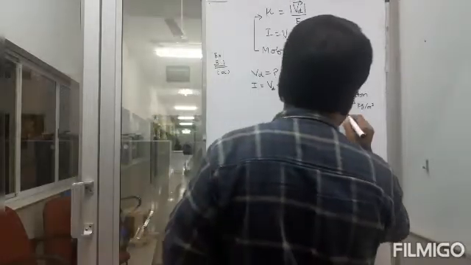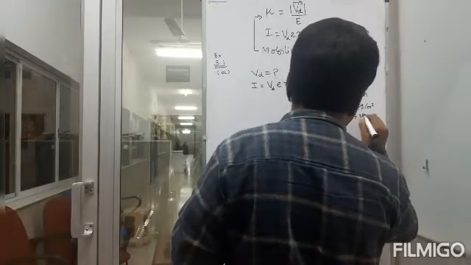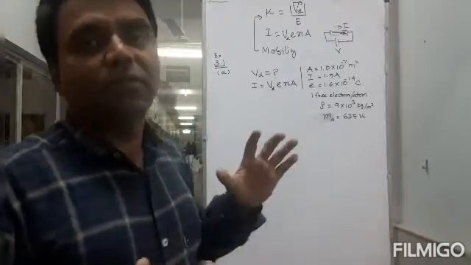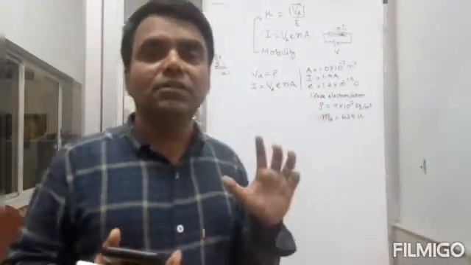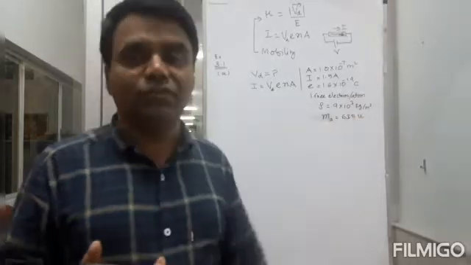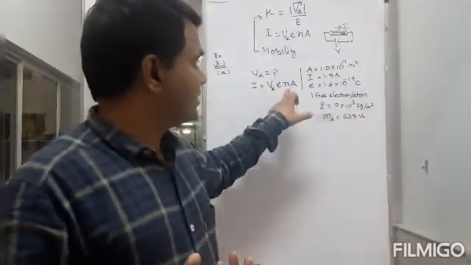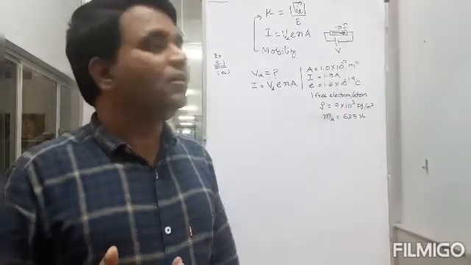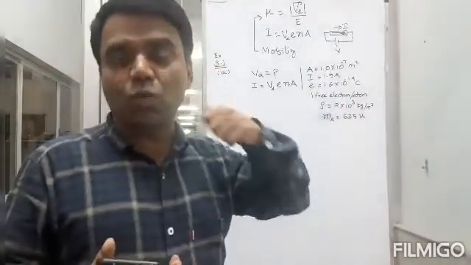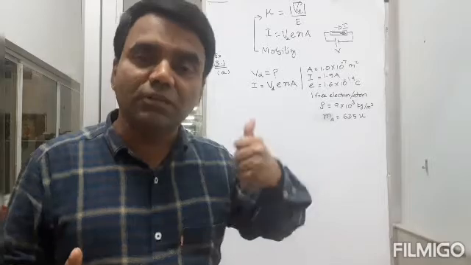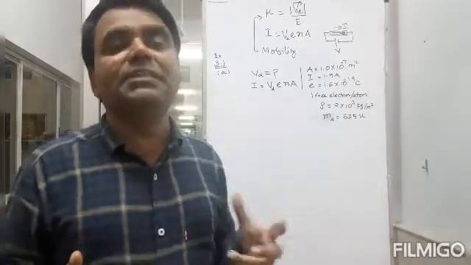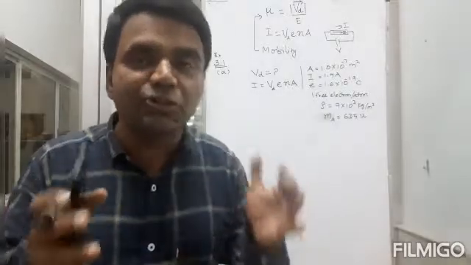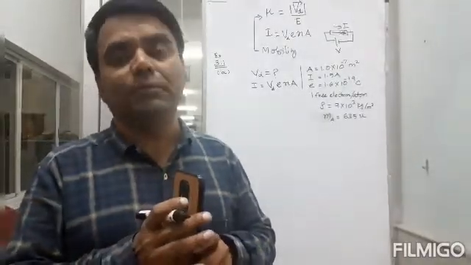That is given as 63.5 atomic mass units. So now you need to find the number of electrons in 1 meter cube of copper. So that is n. n is the number of free electrons in 1 meter cube of copper. We know that 1 electron is contributed per atom. So you need to find out how many electrons are going to be in 1 meter cube of copper.